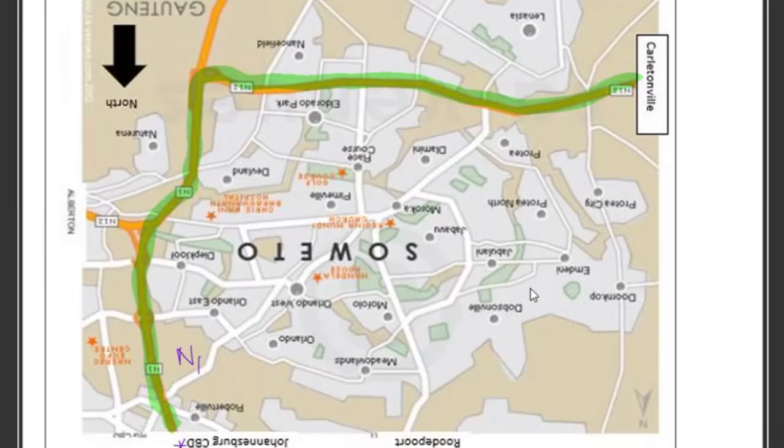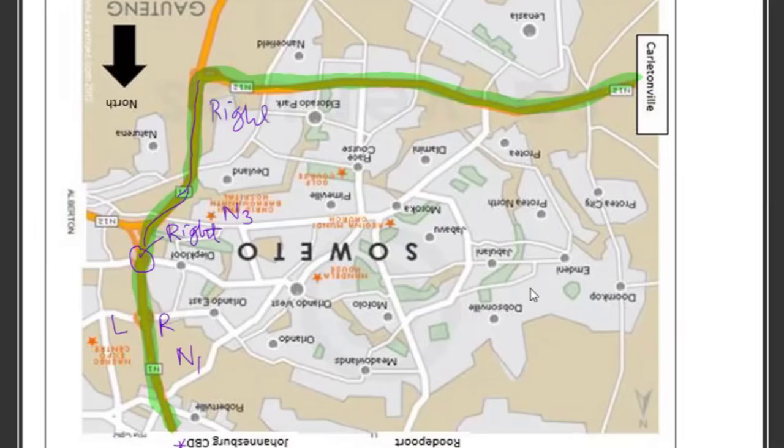So you say N1. Now as you move down here, this is your right, and this is your left. You reach the conjunction of these, you understand? What do we say? Slight right. So you turn right. Then you continue. Turn right onto N3. As you go on N3, find the first turn, then turn right again.